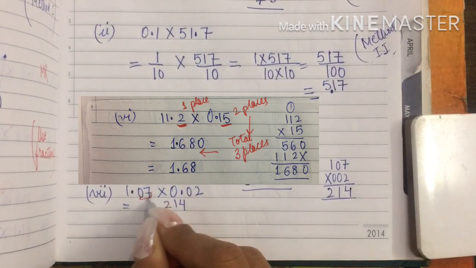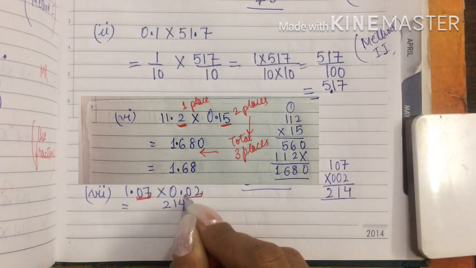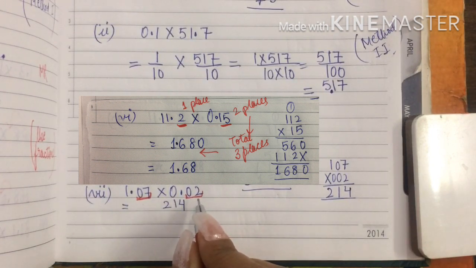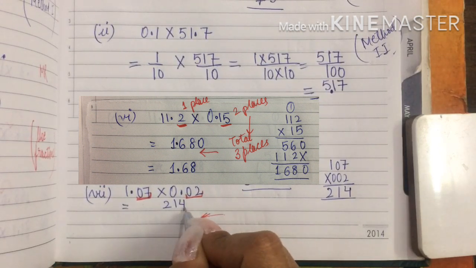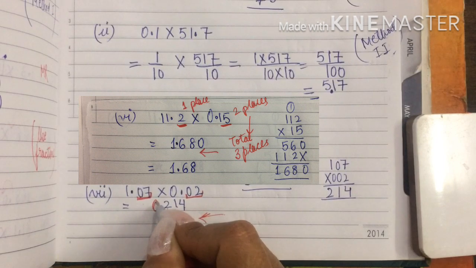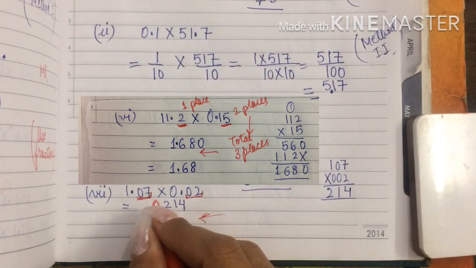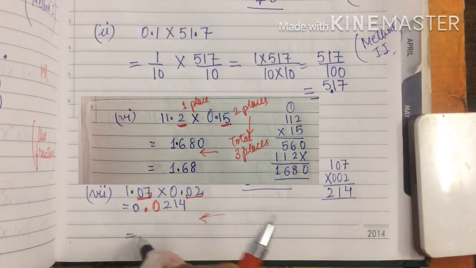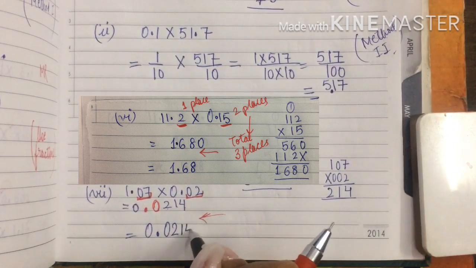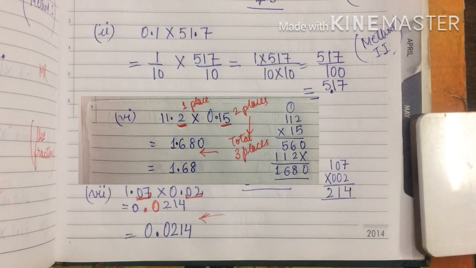Here I have 2 decimal places, here also 2 decimal places. Total is 4 decimal places. So my answer should have 4 digits to the right of the point. I count 4 digits from here: 1, 2, 3, and for the 4th digit I put a 0 and then put my point. Answer will be 0.0214. If you want, you can try this with fractions and then verify your answer.